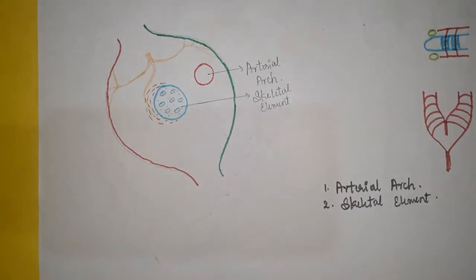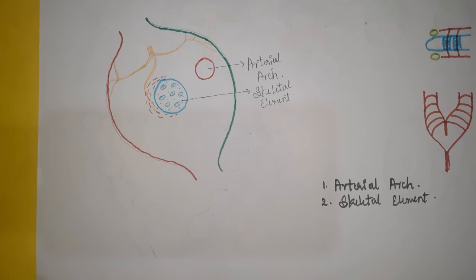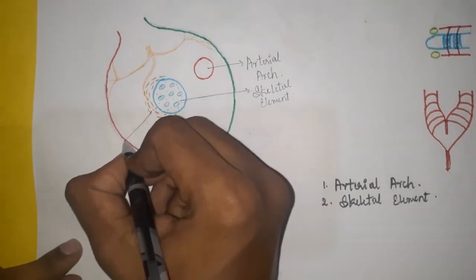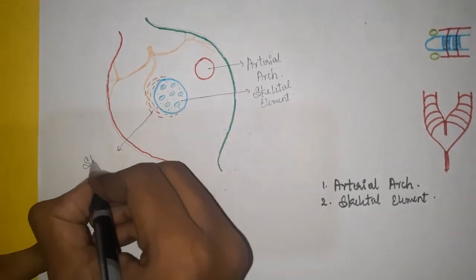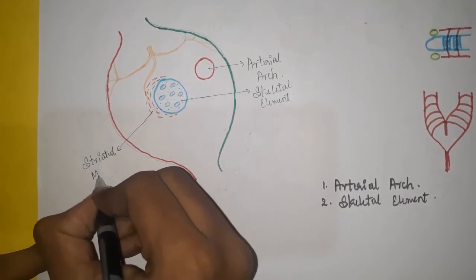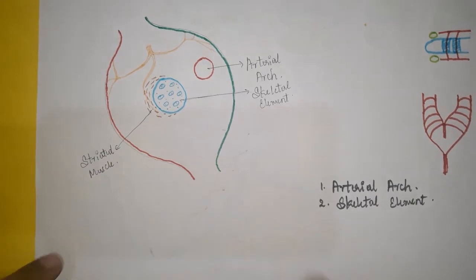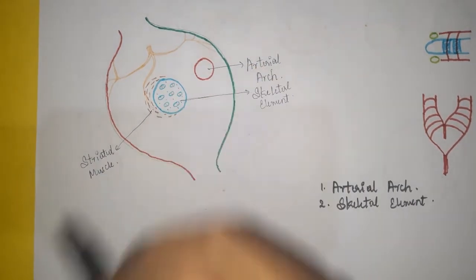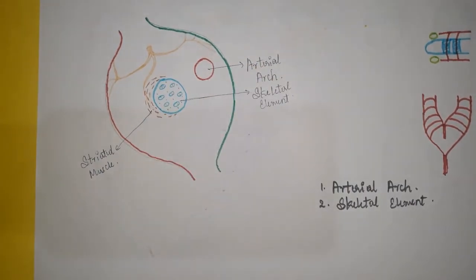Now, the third element is striated muscle. Remember, this area forms the muscle, striated muscle. This is the third element. See, this striated muscle may migrate to other areas or remain in this area only. But the nerve supply to these muscles, which originate from a particular arch, will be the same as that of the nerve of the arch.